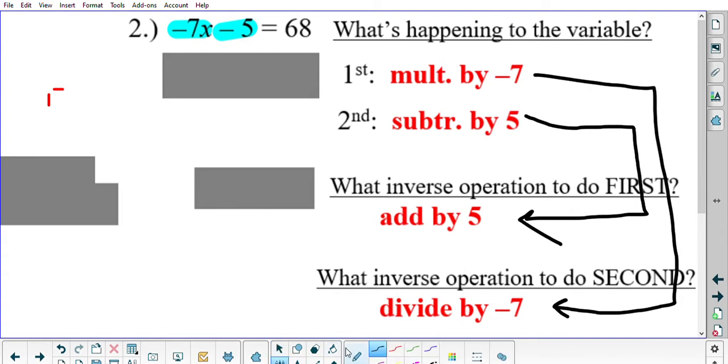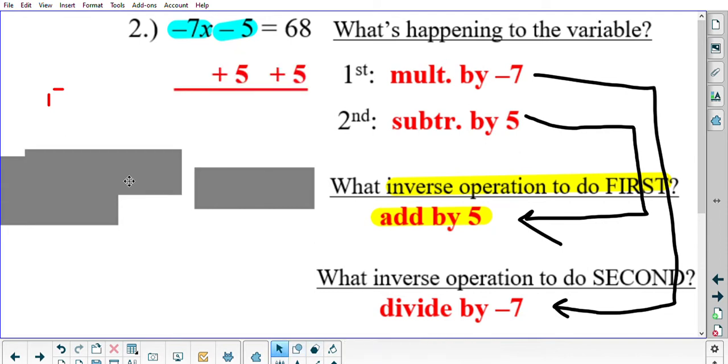Okay, time for us to actually write it underneath the equation on both sides. We just got done saying that the first inverse operation was add by 5. So let's do that on the left of the equal sign and on the right of the equal sign. And please line it up in a way that makes sense. Your +5 should be underneath the -5 because that's the part that you are inversing.